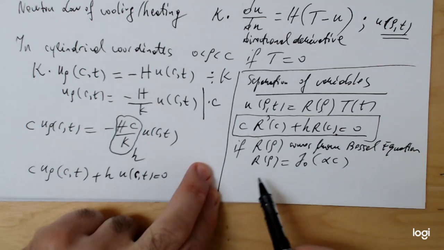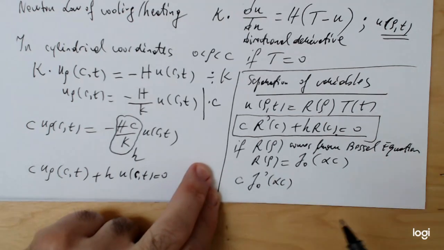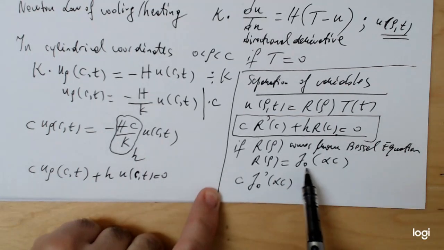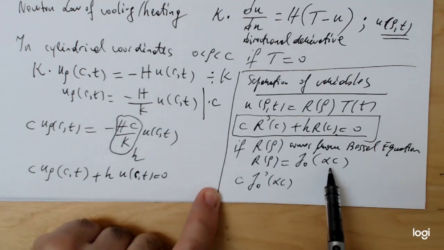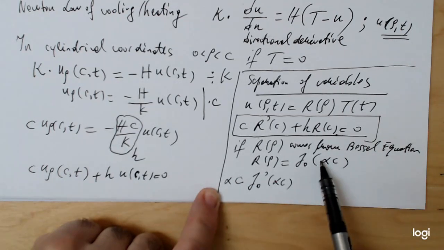So C J naught prime of alpha C. But by the way, once we differentiate this with respect to rho, we're going to have another alpha on the outside of the function, the chain rule, right? So when I differentiate J naught, it's going to be J naught prime of whatever is inside.